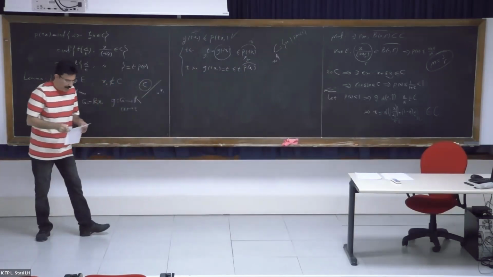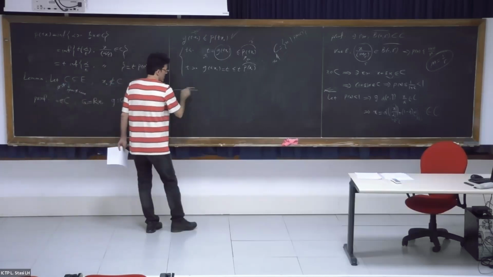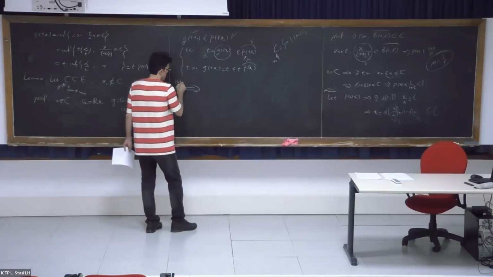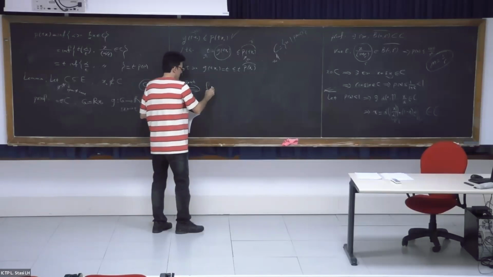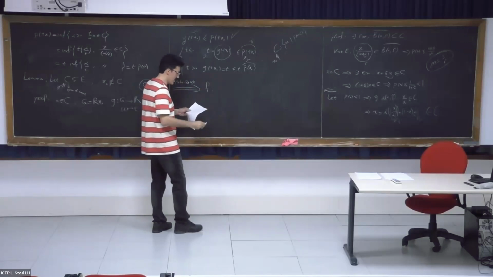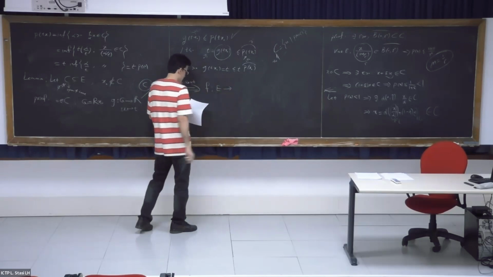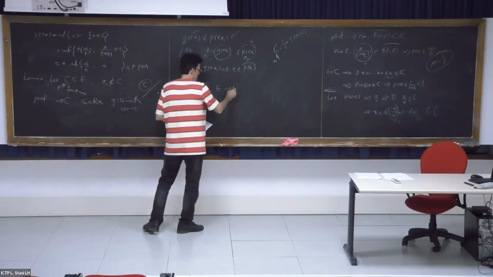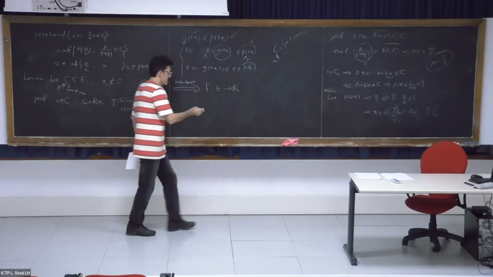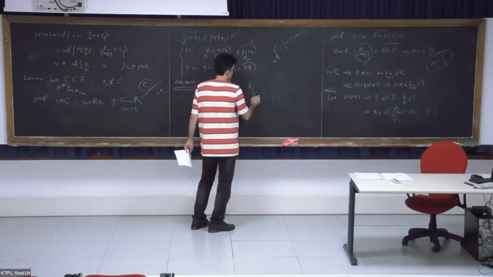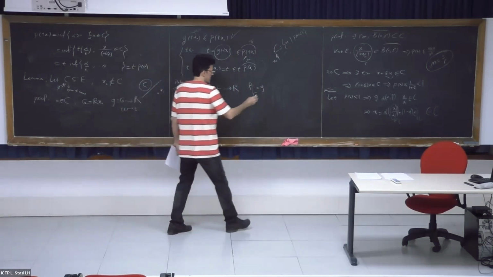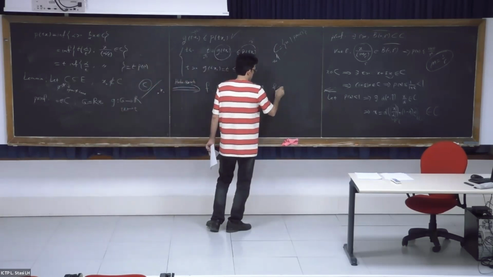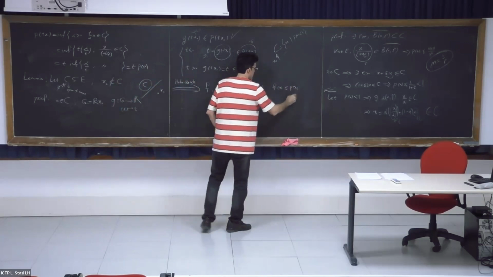So we have proved this one. It follows from the Hahn-Banach theorem, analytic form, that there exists a functional f, which is an extension from E to R, extending g, and it has the property that f of x is less than or equal to p of x.